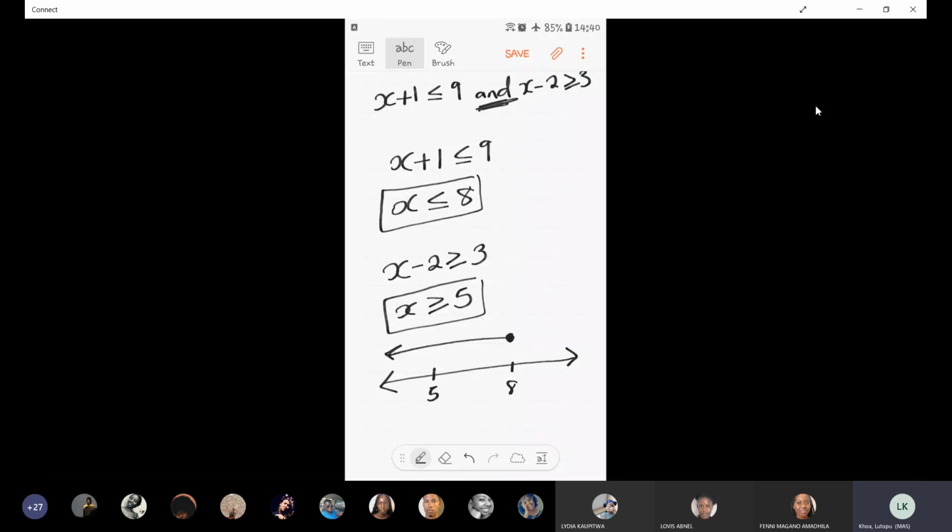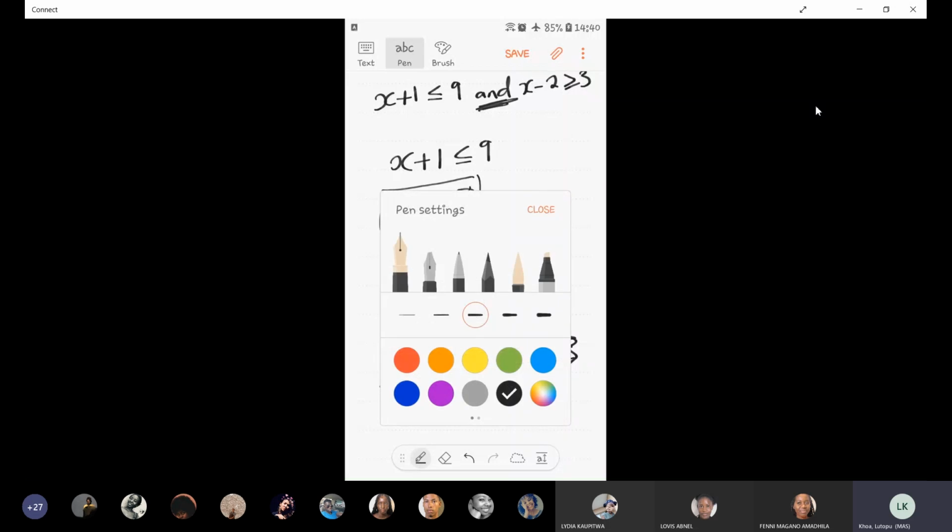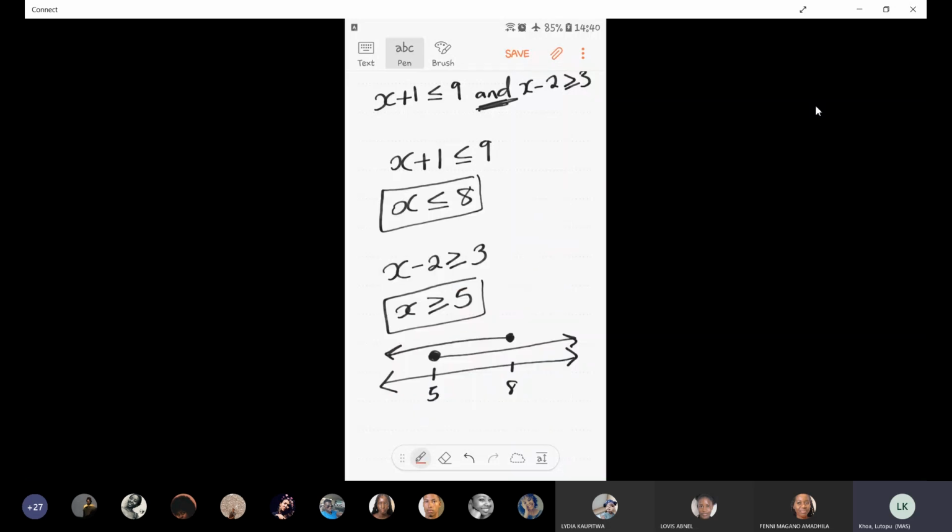And then greater than or equal to 5, my circle is shaded because 5 is included, and greater than 5 means to the right of 5. So again, I see where do I need to stand on the number line so that when I look above, there are two lines. It is in this region over here.